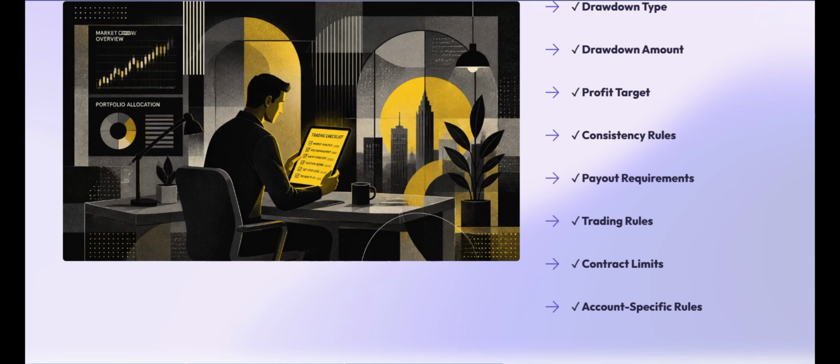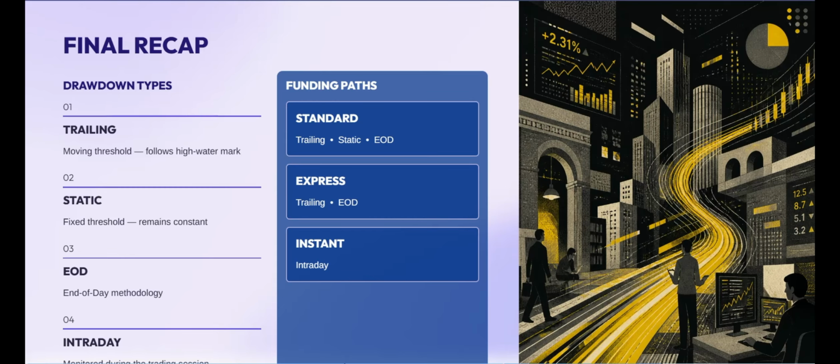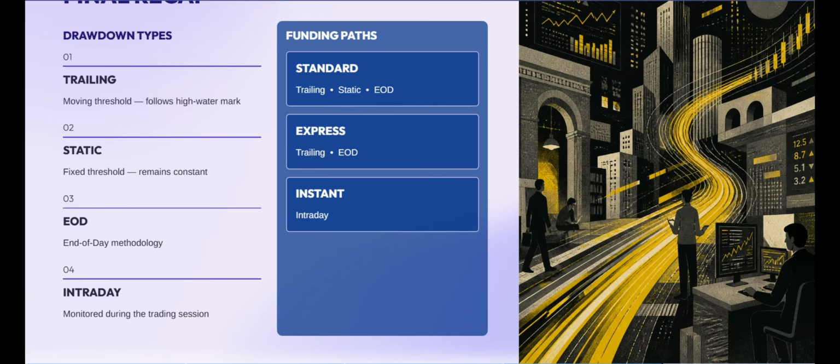Let's do one final recap. Trailing drawdown means the threshold can move with your account's high water mark. Static drawdown means the threshold remains fixed according to the account rules. EOD drawdown means the drawdown uses an end-of-day methodology. And intraday drawdown means the drawdown is monitored during the trading session. For Humble Futures Funding, Standard offers trailing, static, and EOD.